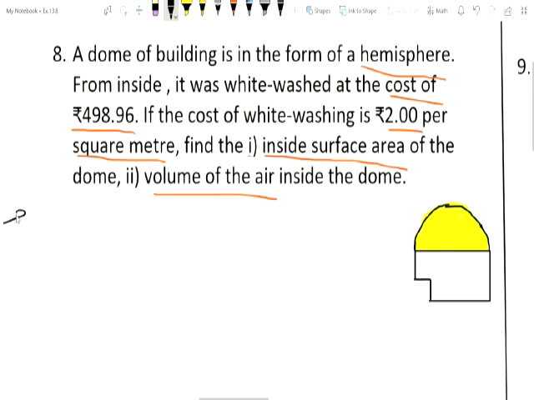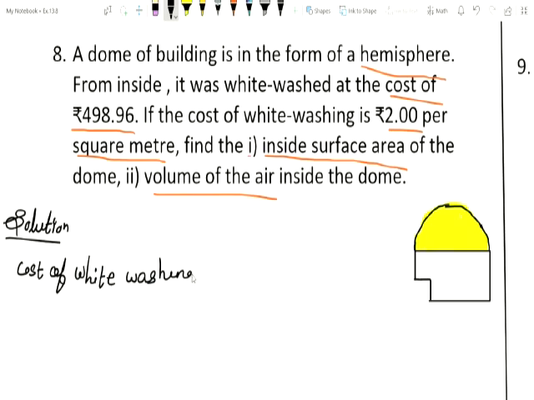See the solution. Cost of whitewashing equal to rupees 498.96.